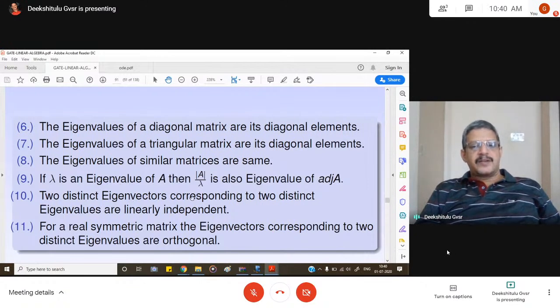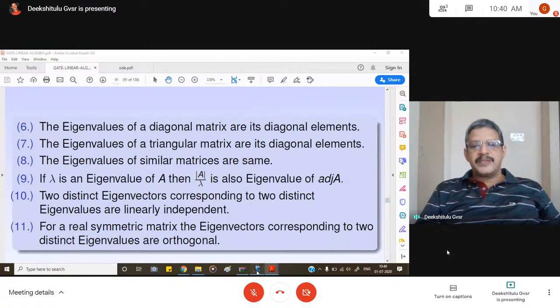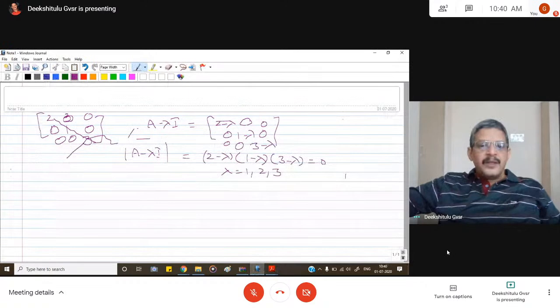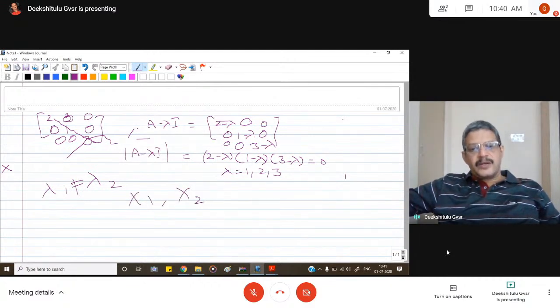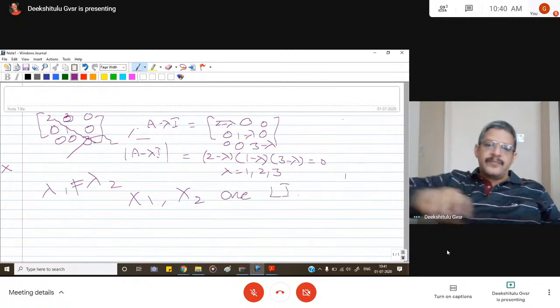Two distinct eigenvectors corresponding to two distinct eigenvalues are linearly independent. What it means is, if you have lambda 1 and lambda 2, two eigenvalues which are not equal, then the corresponding eigenvectors x1, x2 are linearly independent.